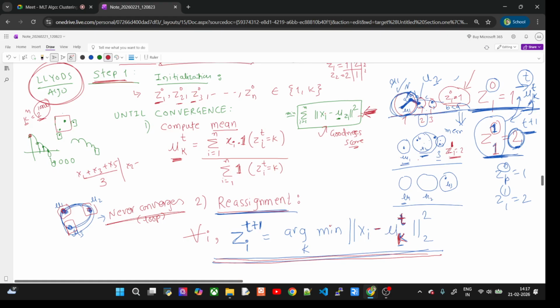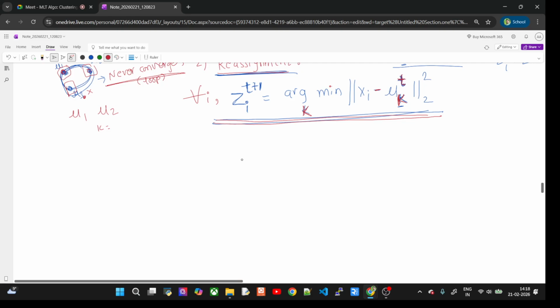So you need the argument k. K means your cluster indicator, so mu1 or mu2. Here you need to figure out which k is good for you. This point x was comparing with mu1 and found that instead I will go to mu2.